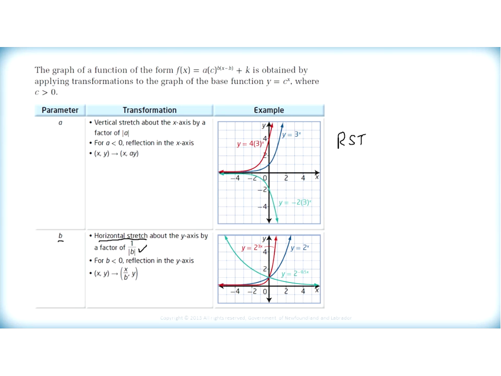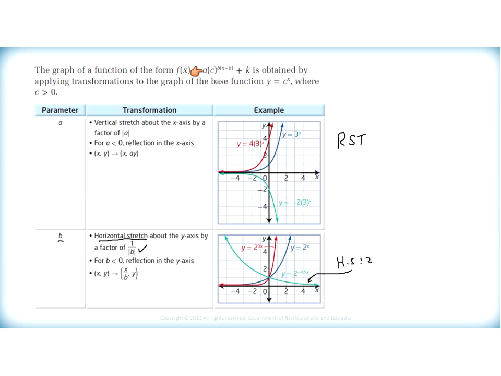It's a horizontal stretch of 2 in this case, because again, the horizontal stretch is 1 over the absolute value of b. Horizontal stretch, again, is always positive, just like vertical stretch is always positive. But you take the reciprocal of b to determine the horizontal stretch. You don't take the reciprocal of a to determine the vertical stretch.